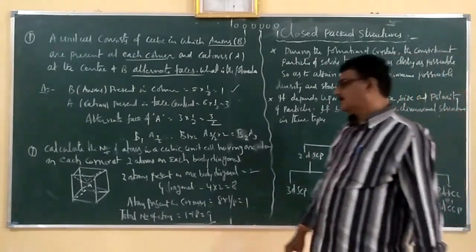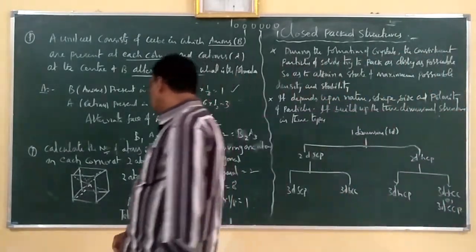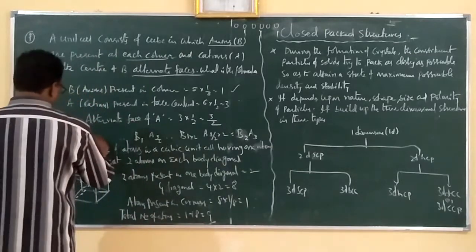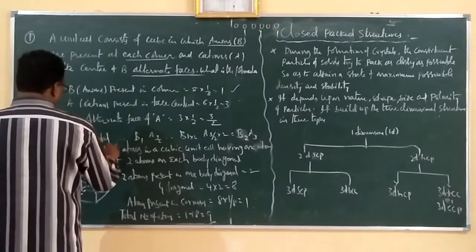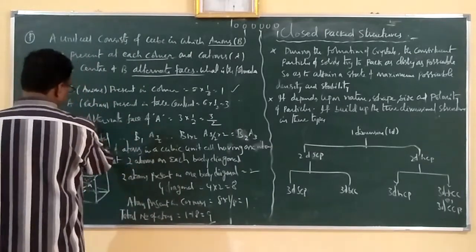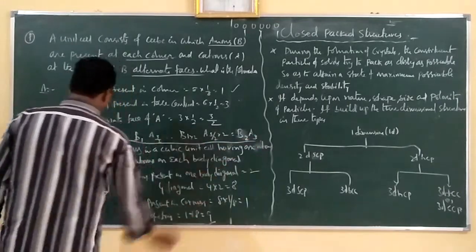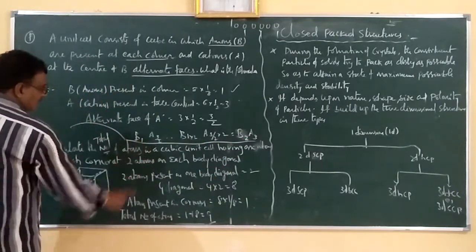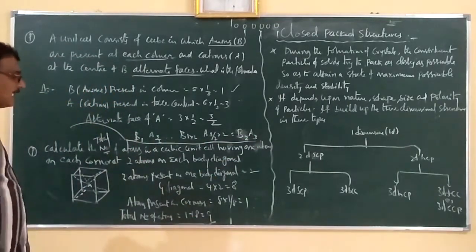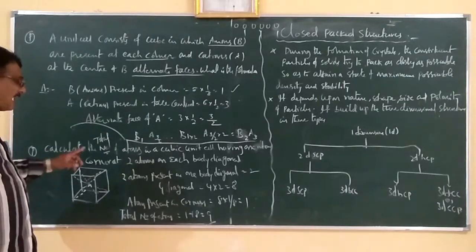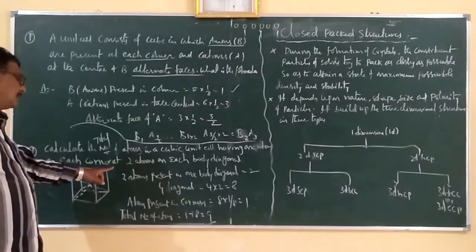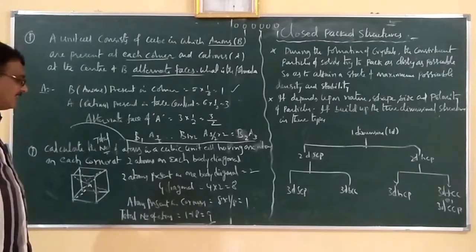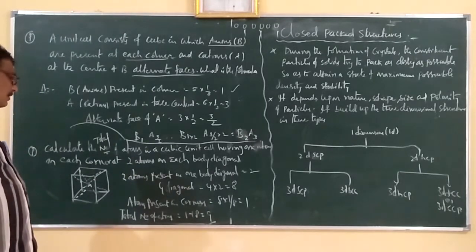Now the second one: calculate the total number of atoms. This is the first problem. Calculate the total number of atoms in a cubic unit cell having one atom on each corner and two atoms on each body diagonal.